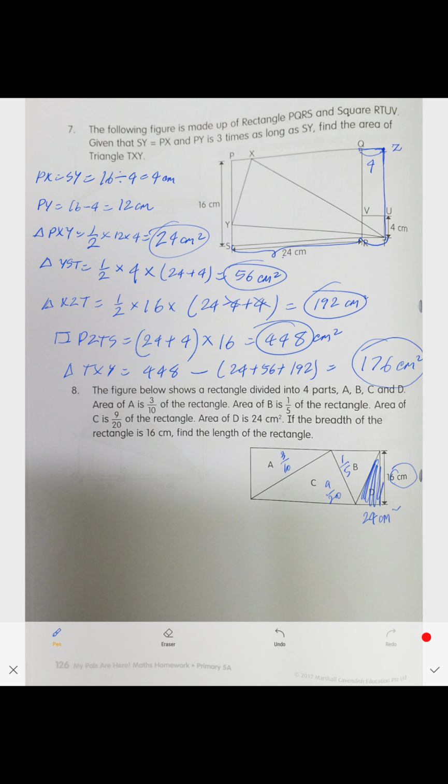Find the length. How do we do that? Clearly, we need to find the total area first. And then we just divide it by the breadth, and we find the length, right? So the first thing, we need to understand the fraction of area D. 1 is the whole rectangle. Let's write it down.